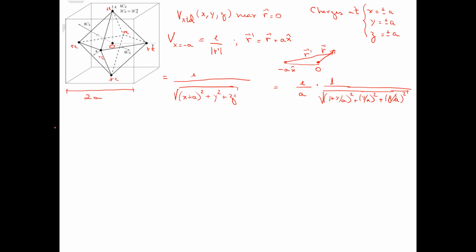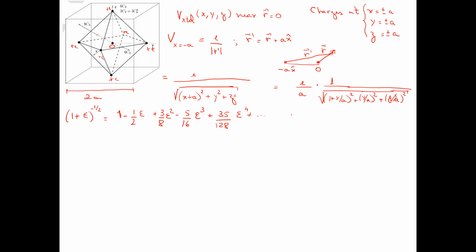So expansion near the origin, and I can use this well-known result. 1 plus epsilon to the minus 1/2 is equal to 1 minus 1/2 epsilon plus 3/8 epsilon squared minus 5/16 epsilon cubed plus 35/128 epsilon to the fourth plus higher order terms.